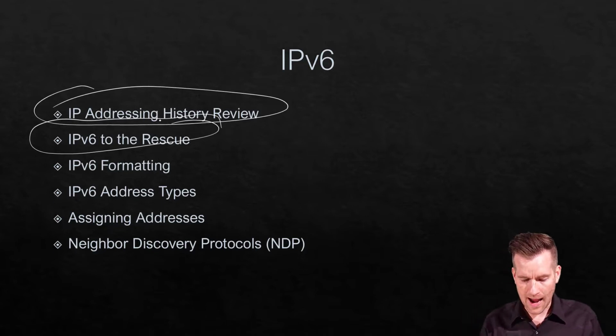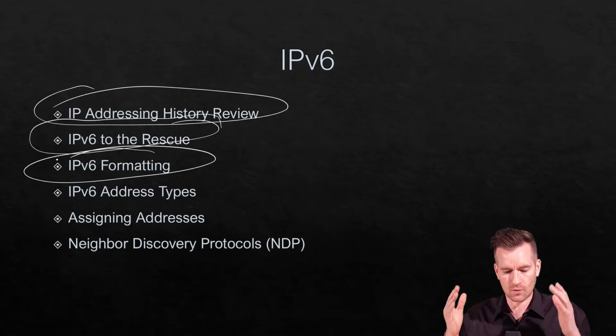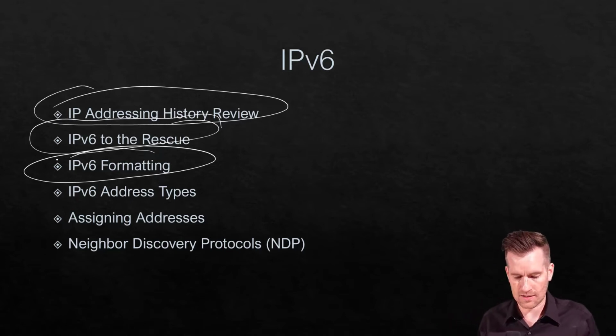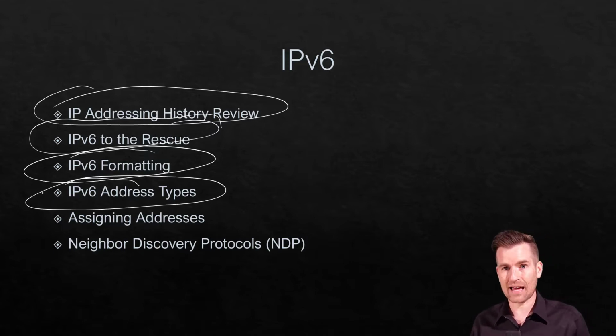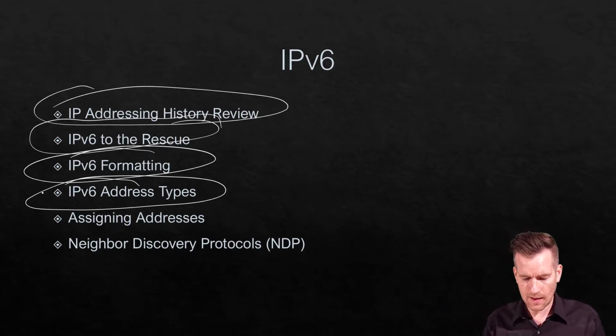Then we'll talk about IP version 6 formatting. What does the IP address look like? Just a brief overview of what you would see when you're talking about an IP version 6 address. Then we'll talk about specific IP version 6 address types, once again an overview of the different address types that you would expect to see with IP version 6.